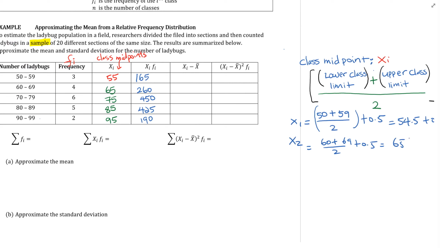Now the xi fi column tells me to multiply your frequency with your class midpoint. So let's do the next one.